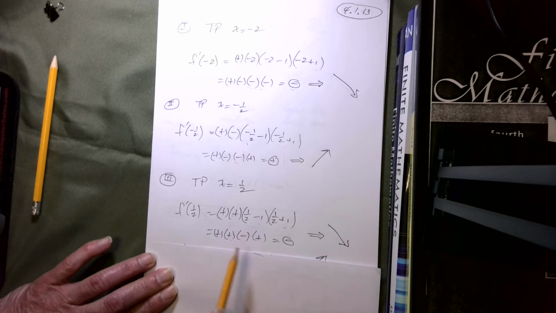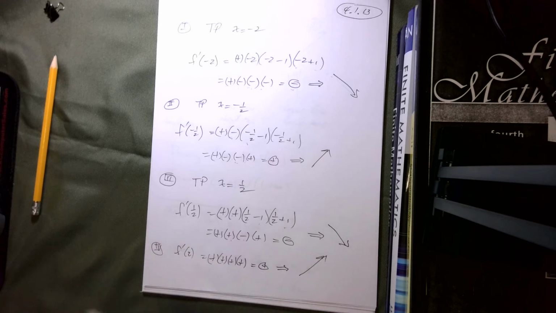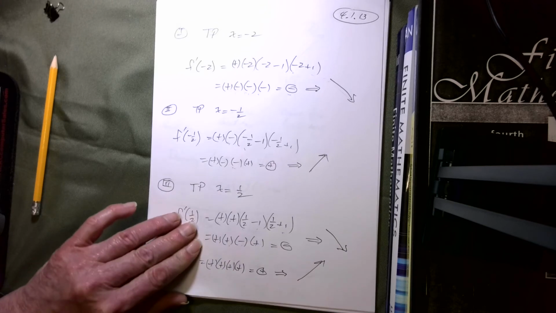So let's see, 3 positives and then negative, which means negative, which means we're what? Decreasing. And then the last one, last region 4, I picked the test point 2. And when I go through it, again, please don't worry about what the number is. Is it positive or is it negative? It's a positive, which means it is increasing.